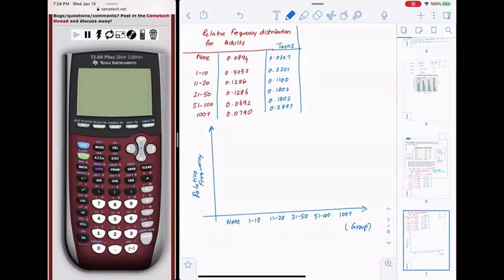So let me increase in steps of 5%. Kind of crammed up.